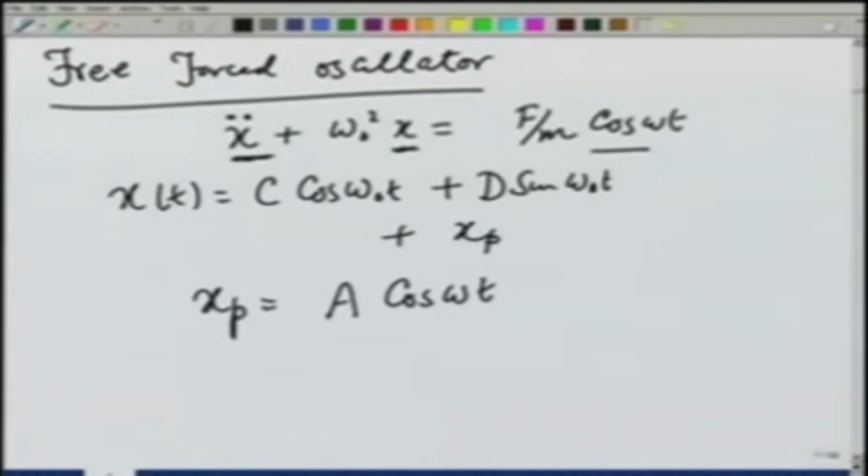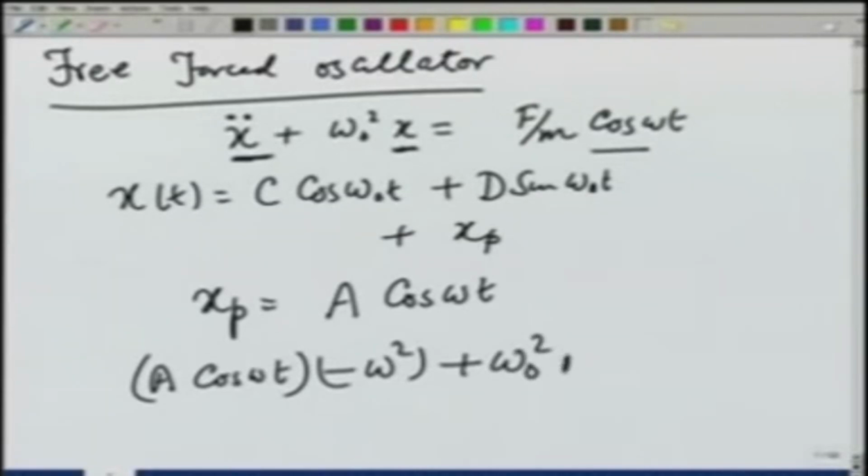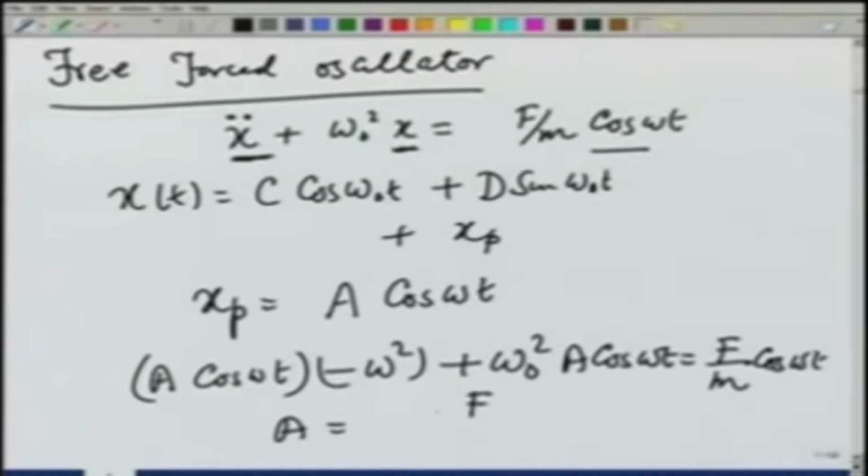When I substitute this here, I find that I have a cosine of omega t multiplied by minus omega square plus omega naught square, times A, is equal to F over m cosine of omega t. And therefore, since this equation is satisfied at all times, I get A is equal to F divided by m times omega 0 square minus omega square.